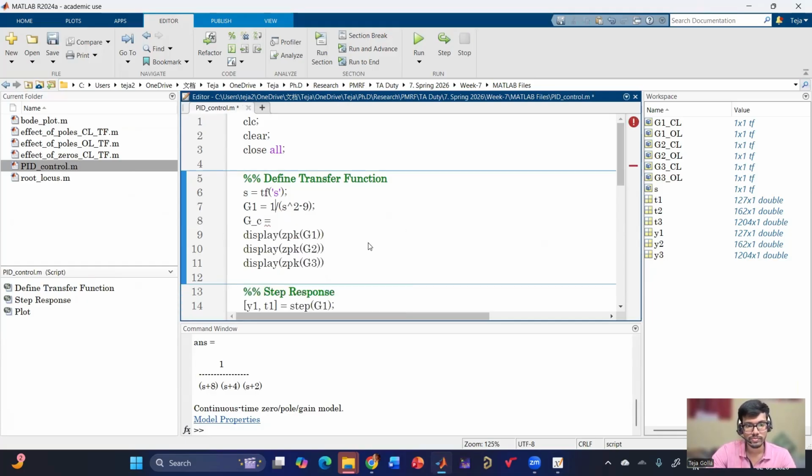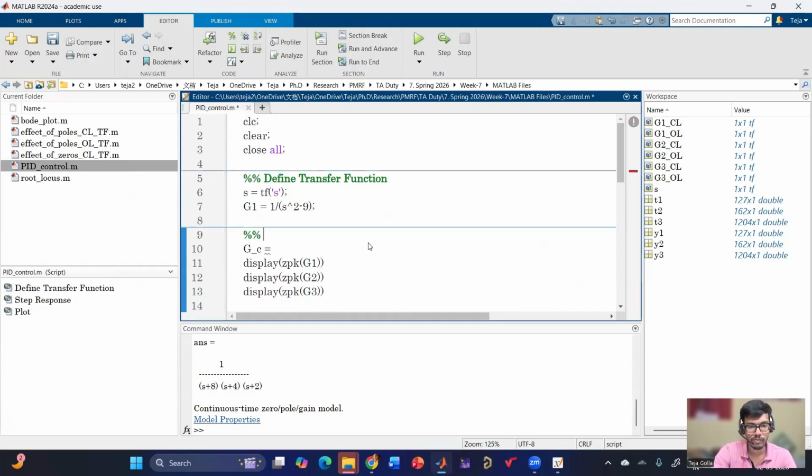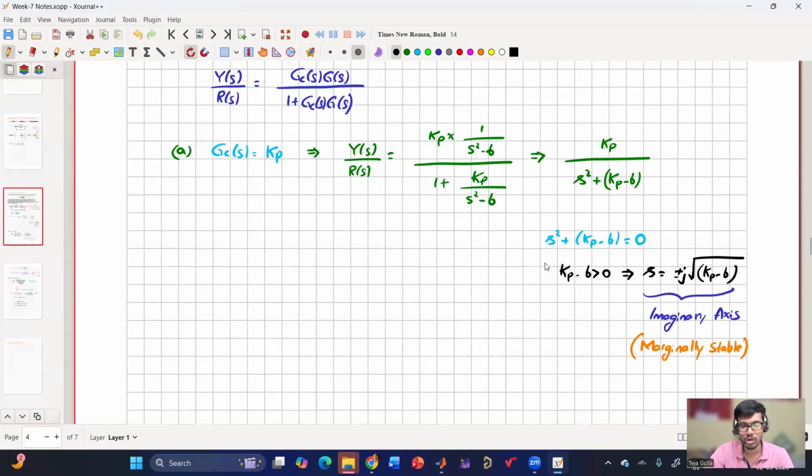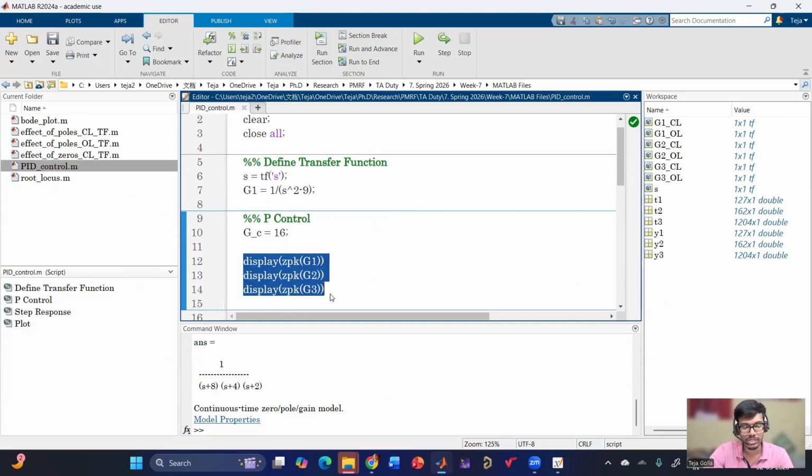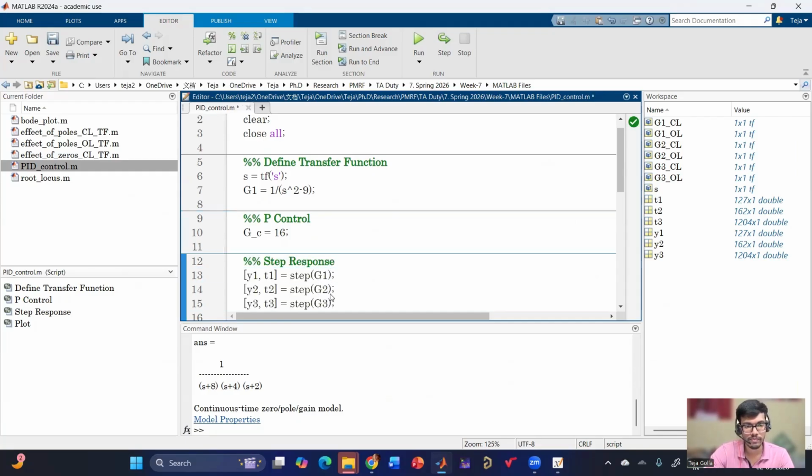So first let me do P control. If I'm doing P control, I can only choose GC to be a constant, and my math says that the constant has to be greater than 9. So I'll consider GC to be say 16. I can consider 16 or 10, whatever. I'm considering 16. And then I'll calculate the closed loop transfer function. How can I calculate the closed loop transfer function?